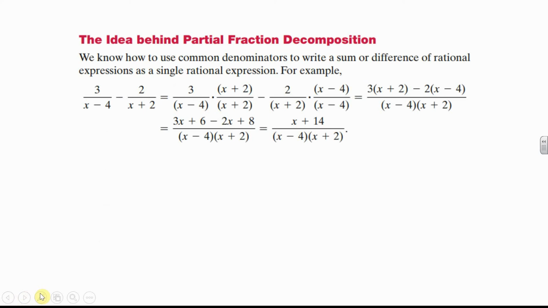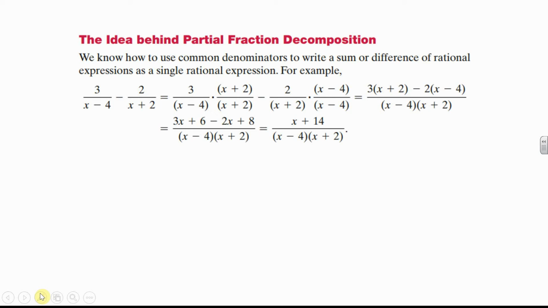So again, the idea behind partial fraction decomposition is, you see these 2 fractions that we start with. The first is 3 over x minus 4. That's one fraction. Then the other is 2 over x plus 2. So it's 3 over x minus 4 minus 2 over x plus 2. And then we want to try to combine them.